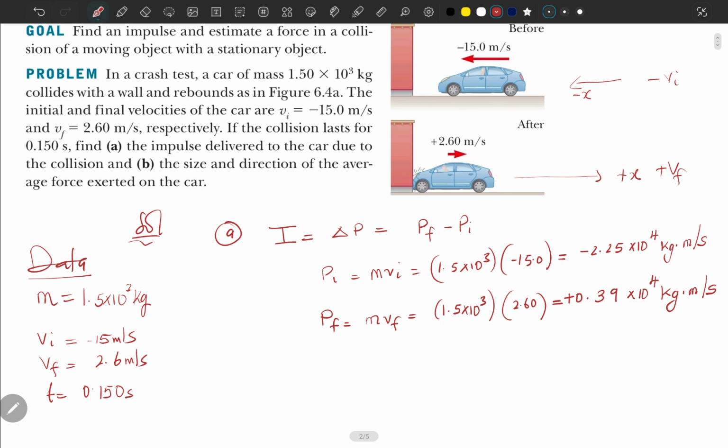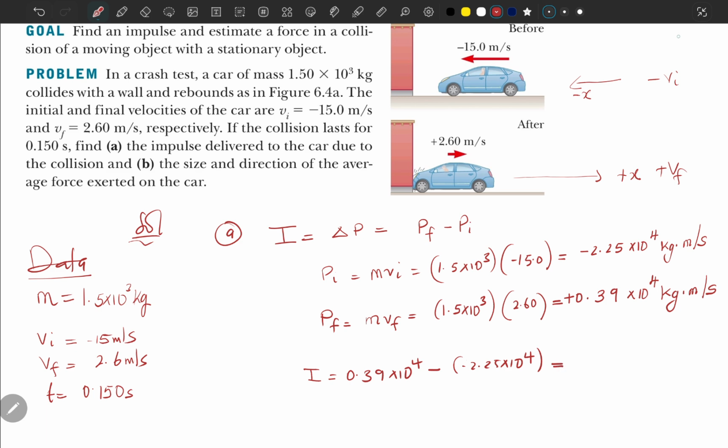Now, impulse is the change in momentum, so it is the difference between these two. It's the difference between 3.9 times 10 to the power 4 minus, and remember that this one already has a minus, so that will be minus negative 2.25 times 10 to the power 4.